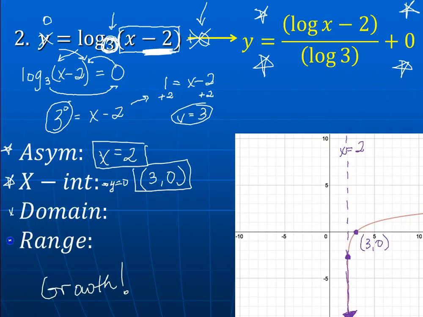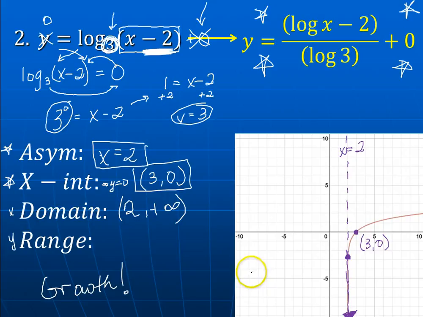Domain, again, x's, range y's. So when I look at my graph, there's nothing over here on the left. Okay, so where do I start? As I start scrolling over, scrolling over, scrolling over, I start at 2 or 3. Can I go left of 3? Yes. I go left of 3, but where do I stop going left? At the asymptote. I'm never going to cross that asymptote. So the lowest x that we have is 2, and we keep going right to positive infinity.